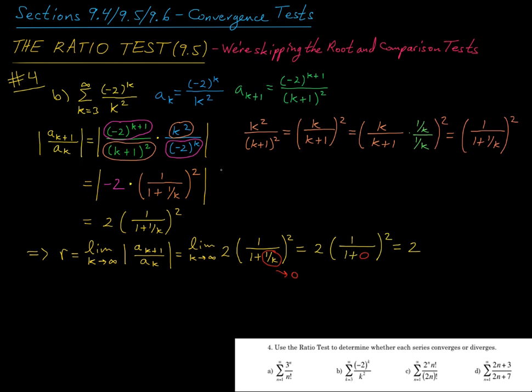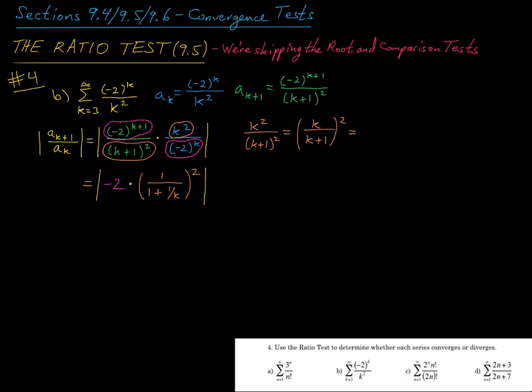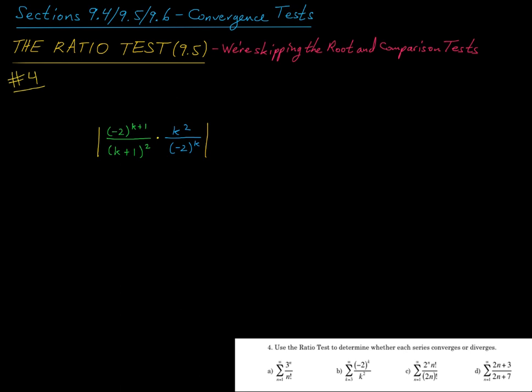And the nice thing about writing the k squared over k plus 1 quantity squared in this form is that it makes it very clear what's happening in the limit. 1 over k goes to 0, so this becomes 2 times 1 squared, which is 2. And since r is greater than 1, the ratio test implies that this series diverges. All right, so let's go ahead now and check out part C.